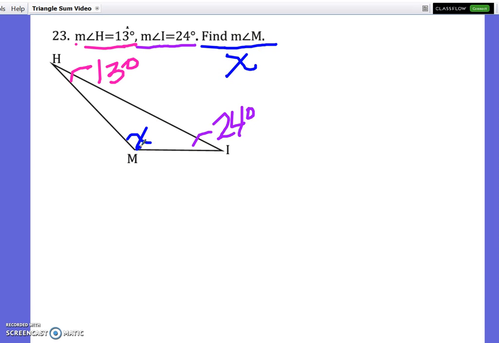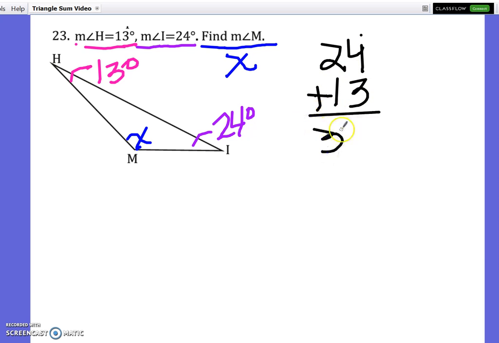So I know that all triangles have 180 degrees. So to find X, it's real simple. I just need to add 24 and 13 and subtract that value from 180. So 24 plus 13, that gives me 37.